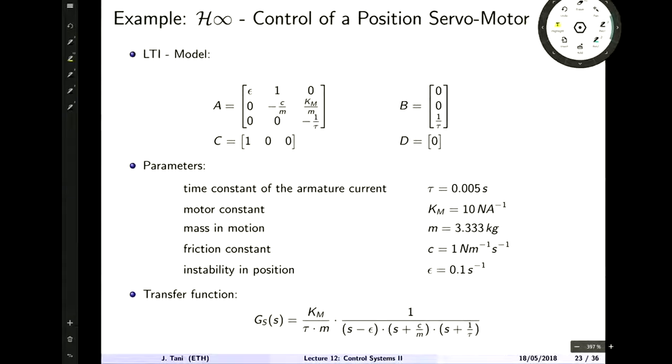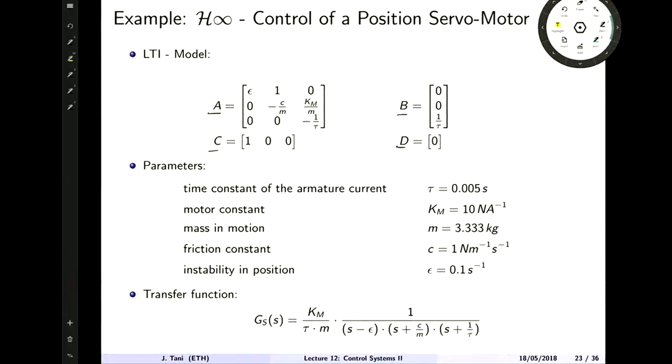Good. Well, first step, and this is a part of the pain you encounter in actual applications. You have to model everything, and you will get to this LTI model with matrices A, B, C, and D. And I also placed some parameters there so that we have an idea of what the units are and if our results kind of make sense.